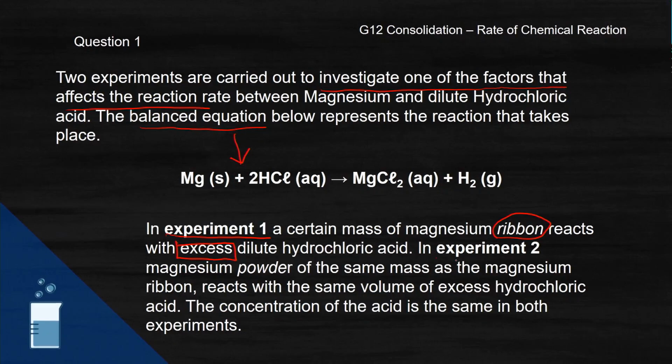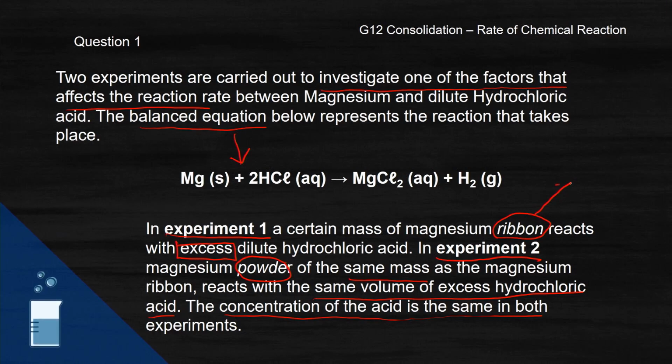In experiment 2, magnesium powder is used, so there's something different there, of the same mass as the magnesium ribbon. It reacts with the same volume of excess hydrochloric acid, and the concentration of the acid is the same in both experiments.